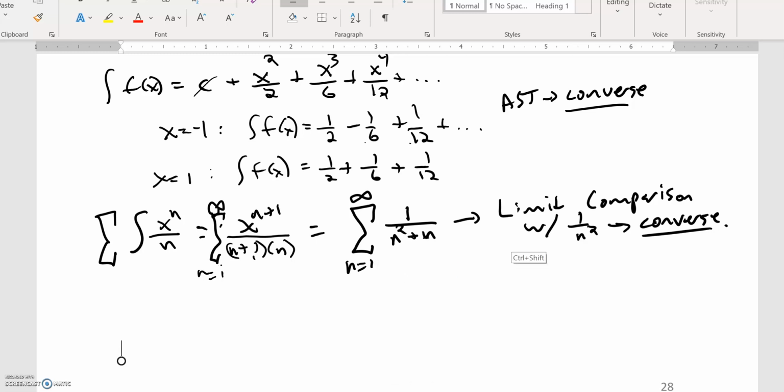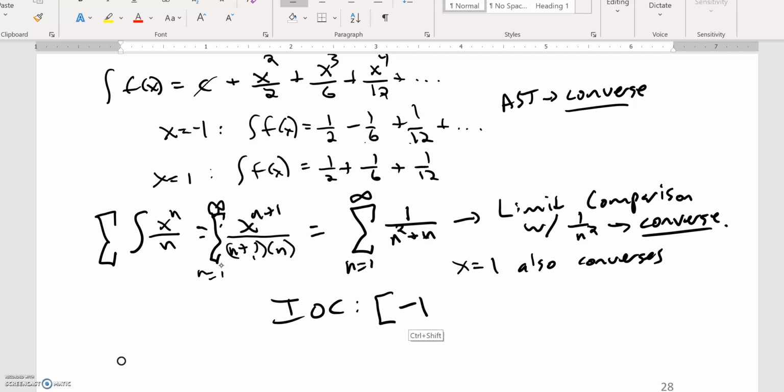And so with the plus n, if you do limit comparison, you'll see that it converges. So that means x equals 1 also converges. And so my interval of convergence of this thing was -1, because I found out up here that that worked, to 1. And now they both work.